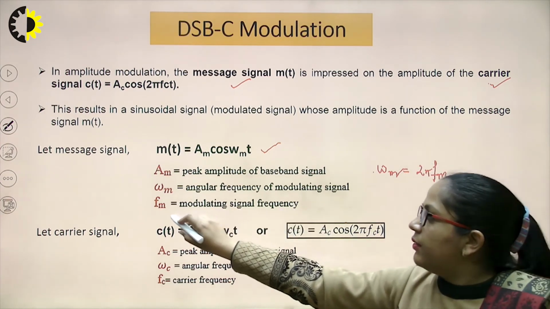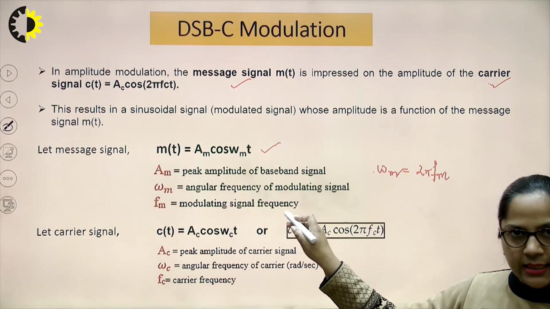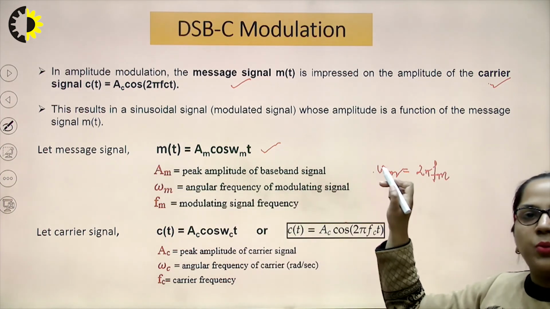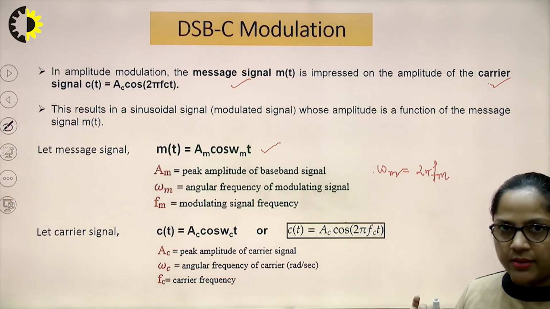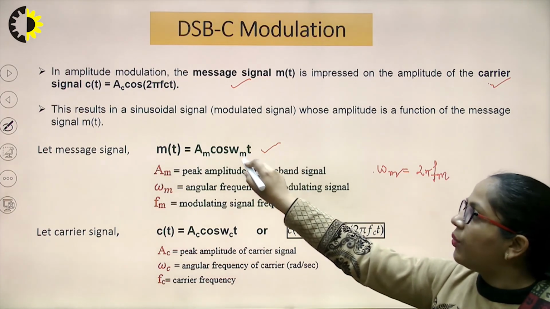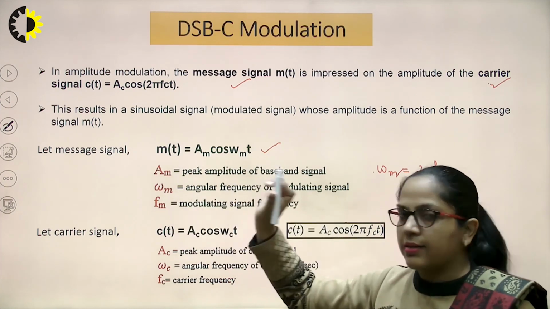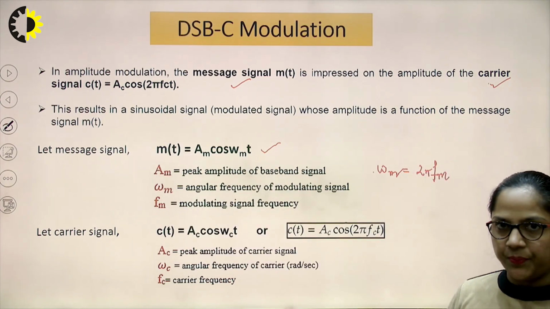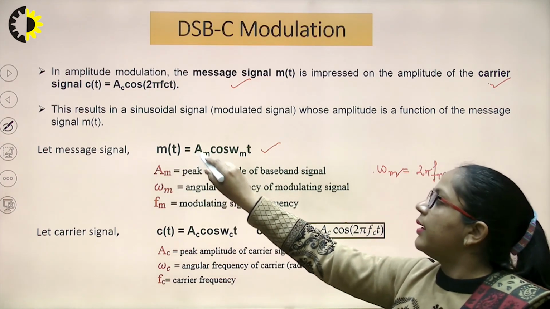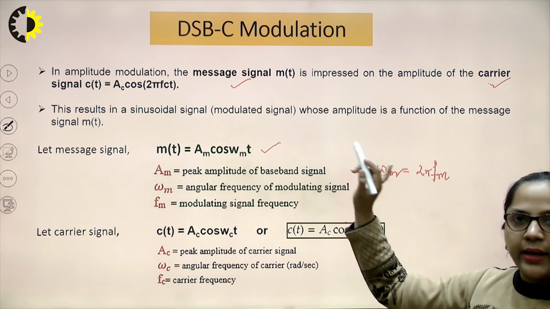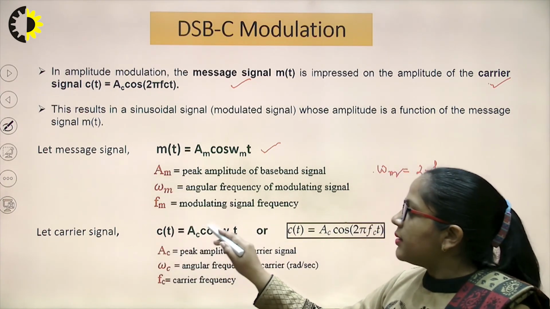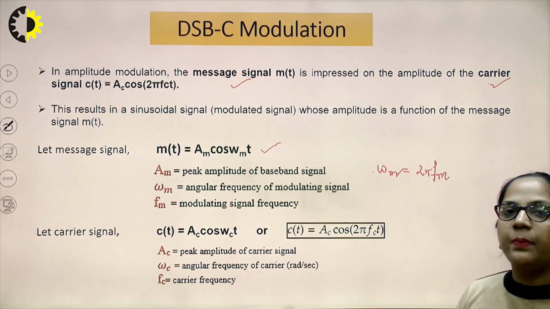So fm is the frequency of the modulating signal in hertz. Omega m is the angular frequency of the modulating signal in radians. There is a difference of unit, depending on whether we represent our signal in terms of omega or in terms of frequency. So mathematically we can represent our message signal as Am cos omega m t. Similarly, we can represent our carrier signal, which is a high frequency periodic waveform.